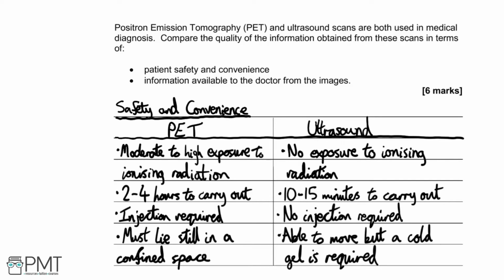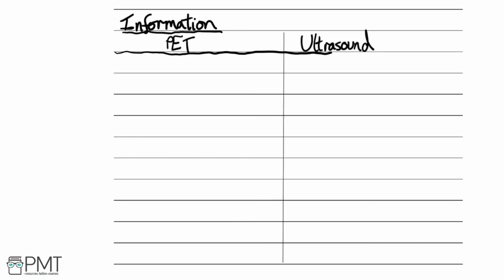Let's have a look at information available to the doctor from the images. So this is where the advantages for PET scans come in, because you can get a lot more information rather than just an image of sort of shadows, if you like, based on how the ultrasound waves are reflected back.